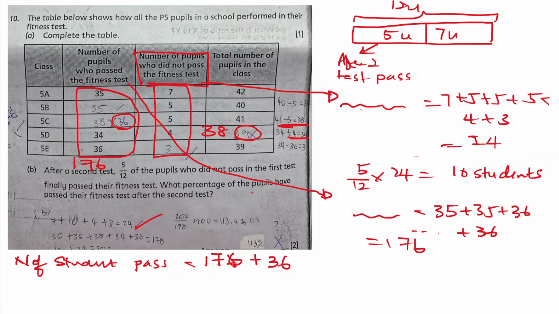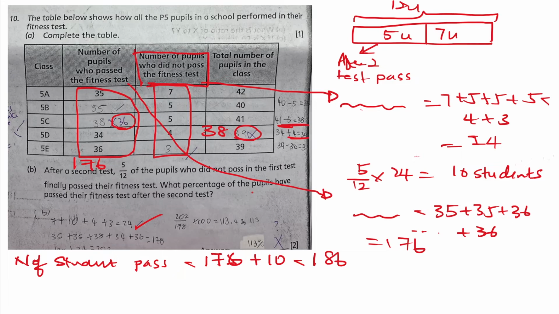Okay, sorry, not add 36, add 10. It is 186 students. So I want to find the percentage of the students that have actually passed their fitness test after the second.